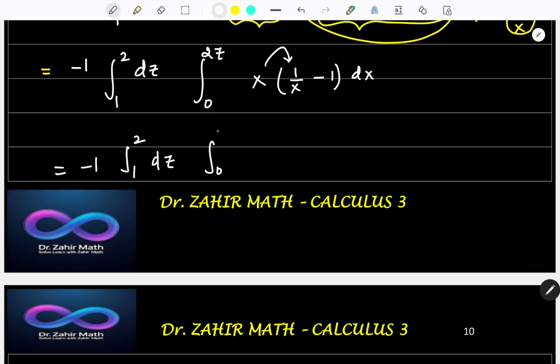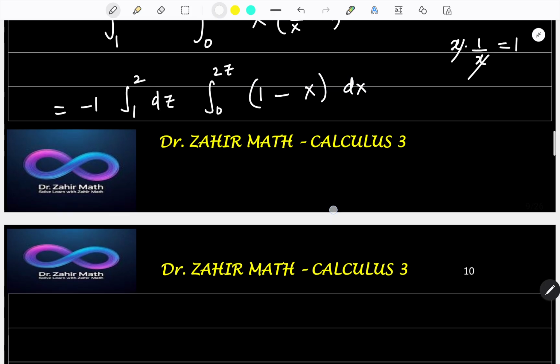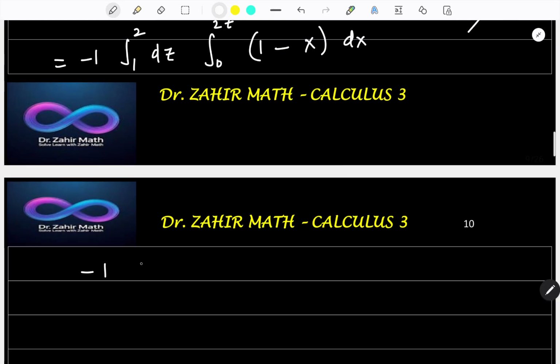So x multiplied by 1 by x, the x gets cancelled, it's 1. So 1 minus x. Close this one and then write dx. So I need minus 1 integral 1 to 2 dz.